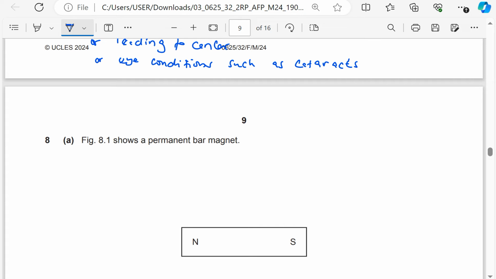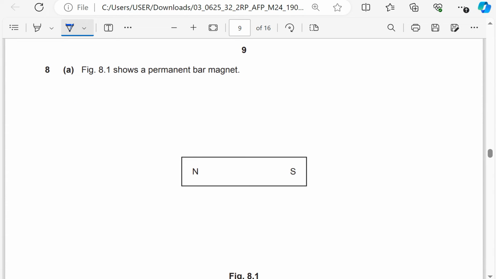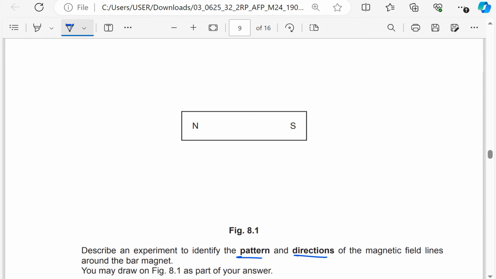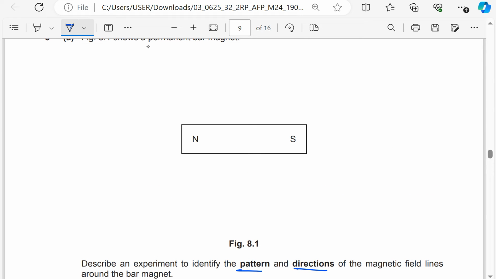The figure shows a permanent bar magnet. Describe an experiment to identify the pattern and directions of the magnetic field lines around the bar magnet. You may draw on the figure as part of your answer. So I may draw field lines.